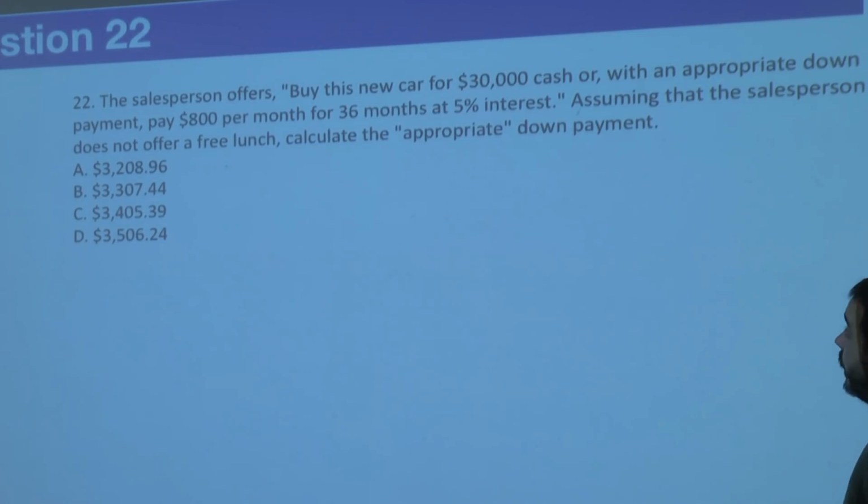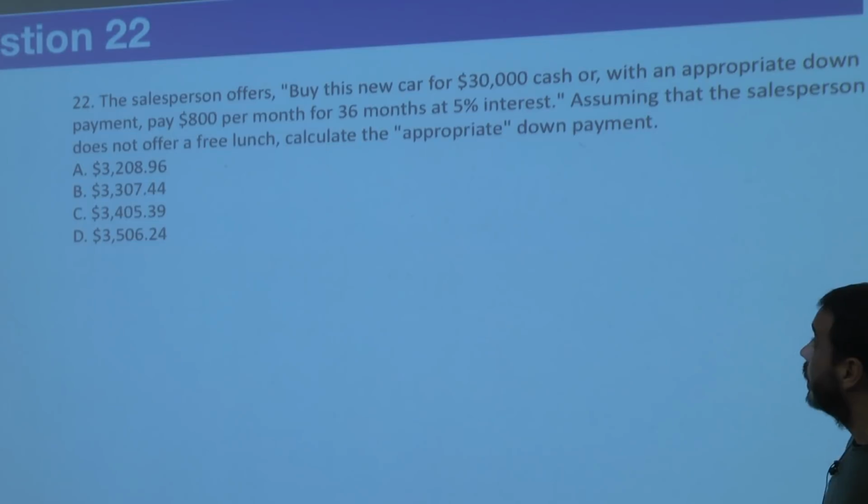Buy this new car for $30,000 cash, or with an appropriate down payment, pay $800 per month for 36 months at 5% interest. So this is what the salesperson offers. Assuming that the salesperson does not offer a free lunch, calculate the appropriate down payment.